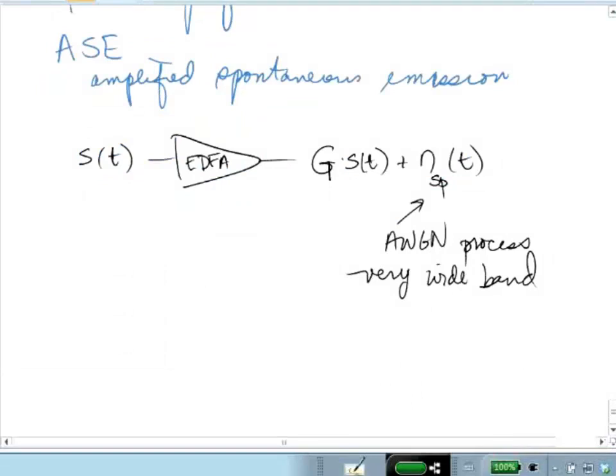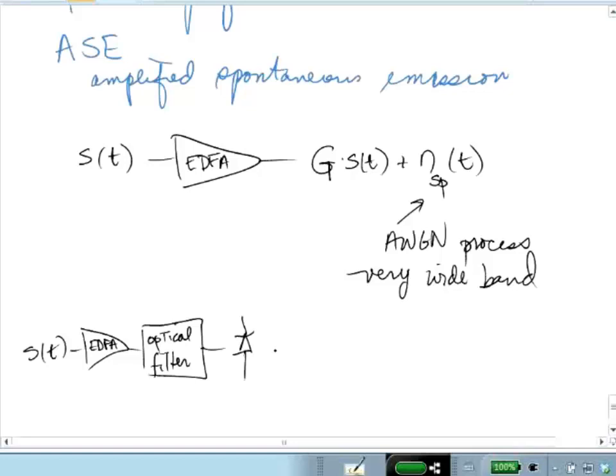So of course, because it's so much wider band, what we're going to want to do is limit it. In a typical system that sees an optical amplifier, and that could be a SOA as well, we'll put an optical filter to limit the impact of that process.